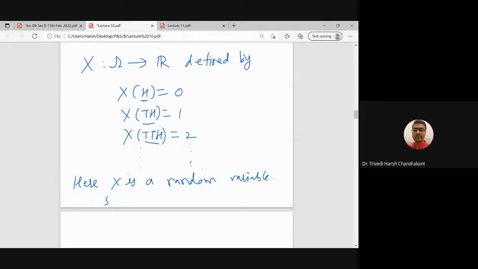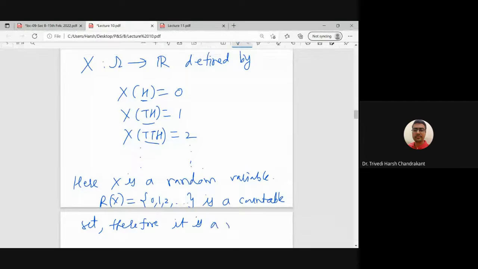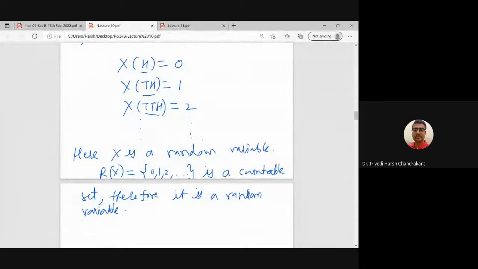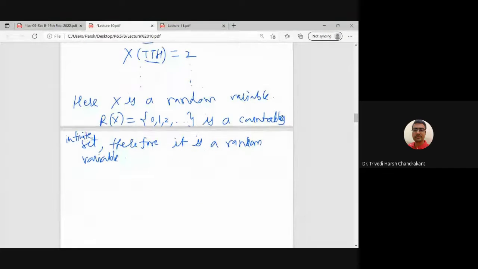Basically you can write down the range of X, which is 0, 1, 2 and so on, a countable set. Essentially it is an infinite set, so a countably infinite set. Therefore it is a random variable. So this is the first example.